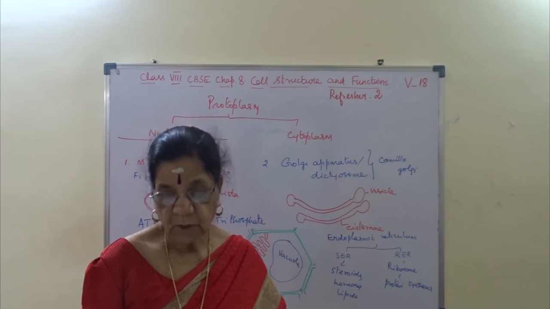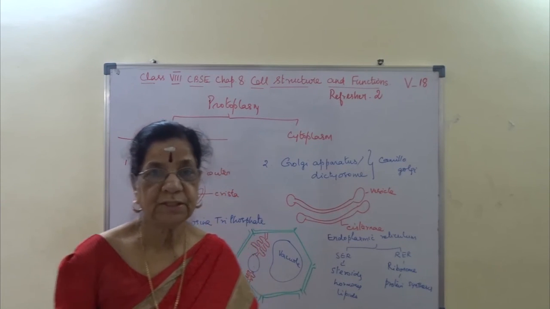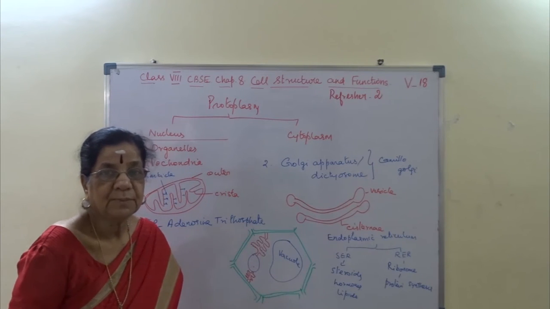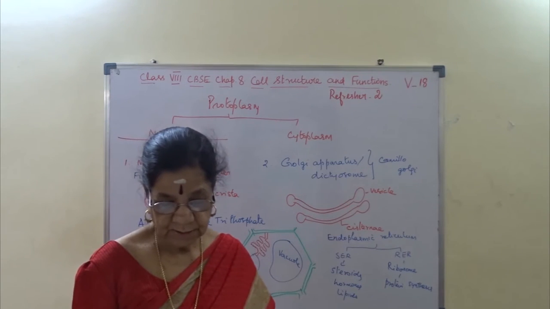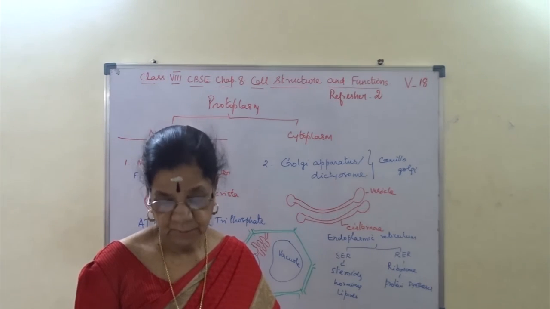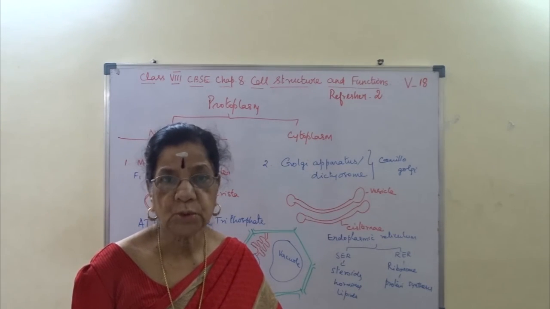This type of endoplasmic reticulum has bumpy looking walls because of the attachment of ribosomes, and it plays a very important role in protein synthesis.